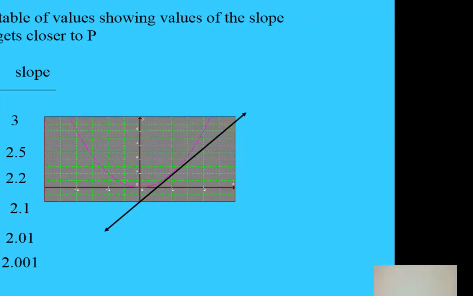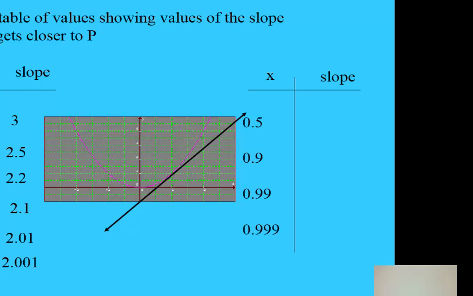Now, could we do the same thing from the other side? What I mean by that is, could we choose values of x that are approaching 1 from the other side? So here, what we're doing now is we're going to choose a value of x here.